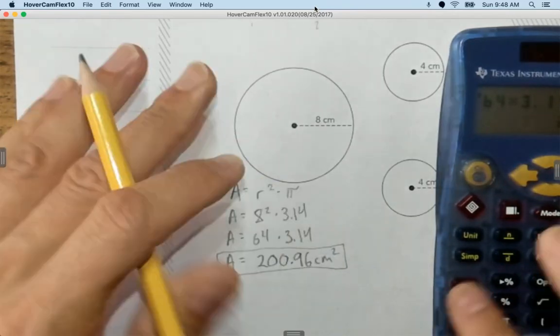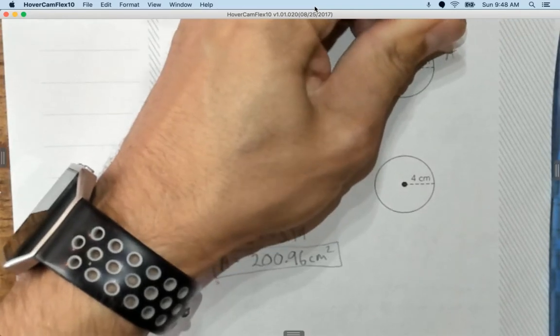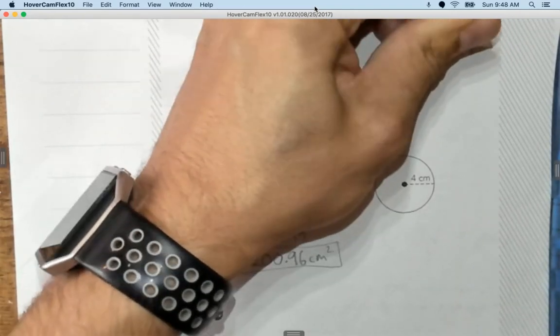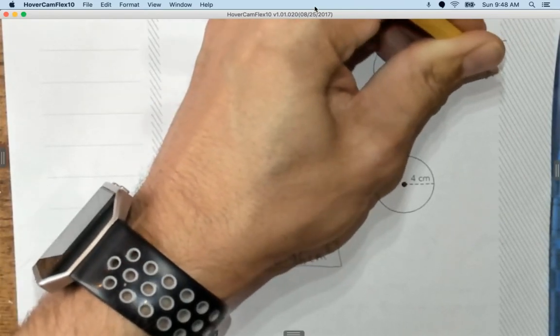Then for the 4 centimeter pipe, same thing. It's going to be r squared times pi. That's going to be 4 squared times 3.14.